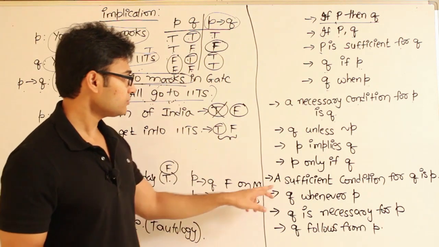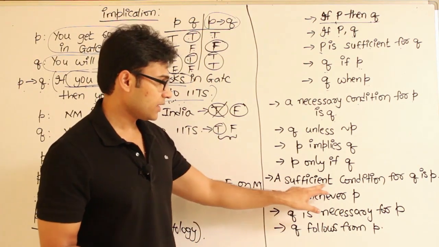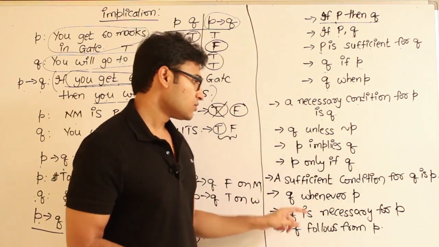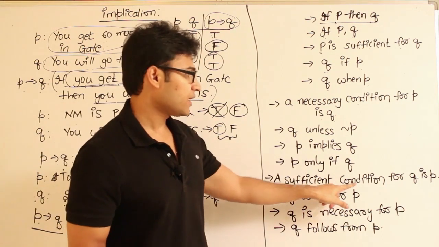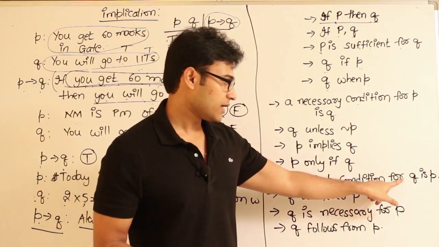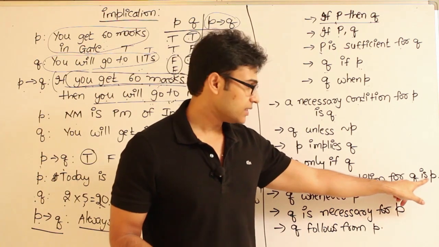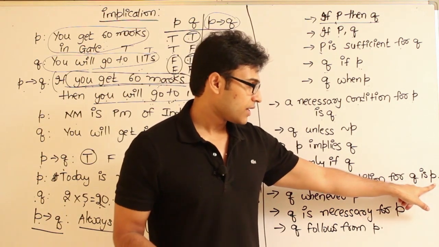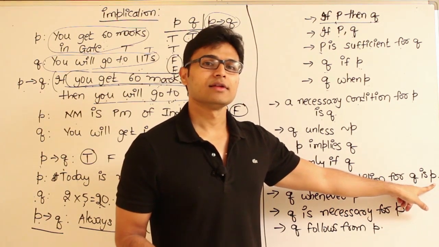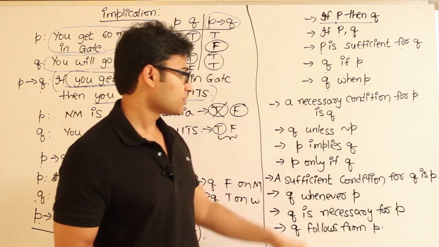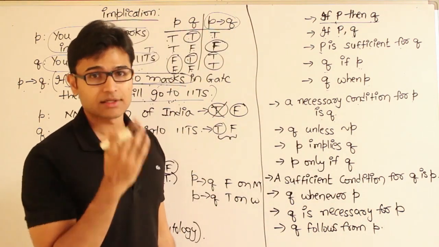Okay. Next one is a sufficient condition for Q is P. So what does it mean? A sufficient condition for getting into IITs is getting 60 marks in GATE. This is the best possible statement about conditional this one.